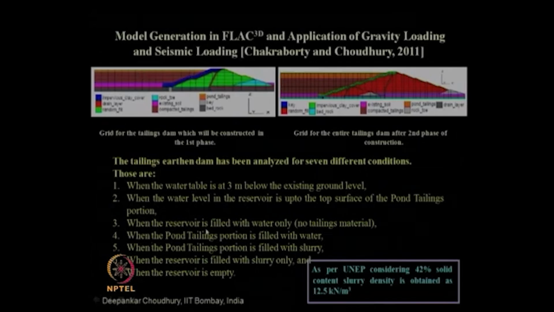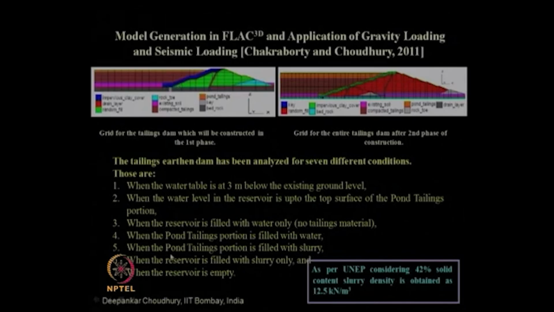Another is when the reservoir is filled with water only, that is, no other nuclear waste material or waste material is dumped here, because then the problem will change, because water has one unit weight, and another dumped material will have another unit weight, right. Now, the fourth condition is when the pond tailing portion is filled with water only, that is, it has settled and the top portion of the pond tailing is filled with fresh water.